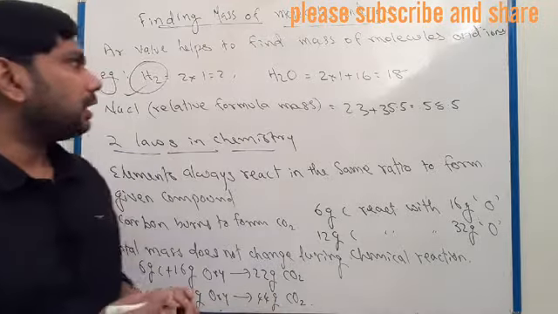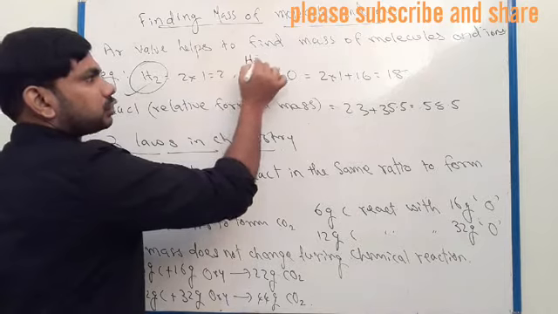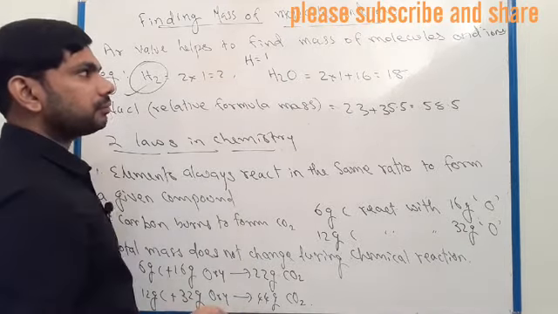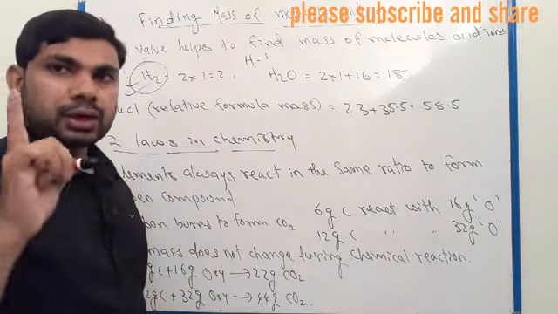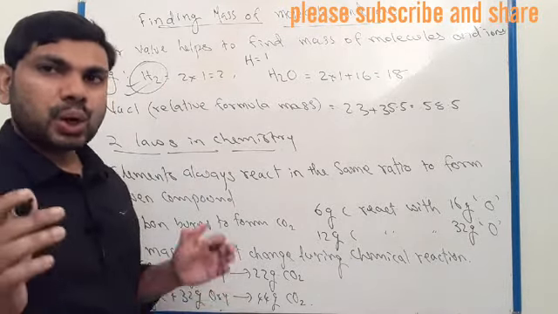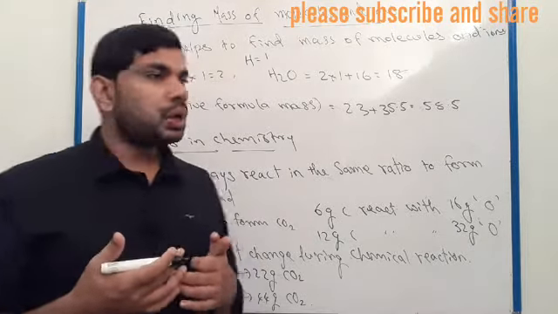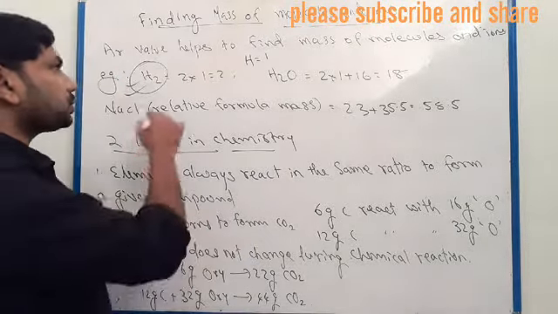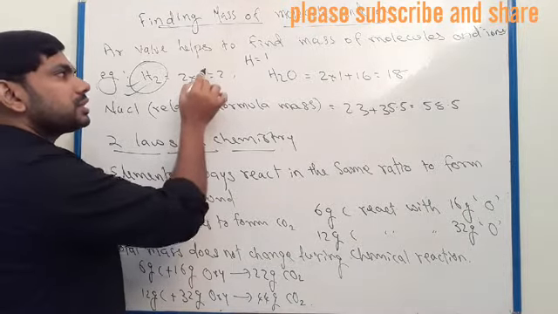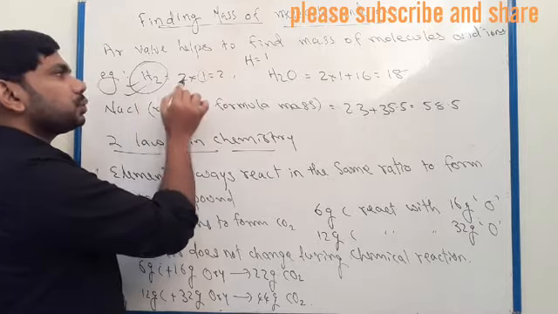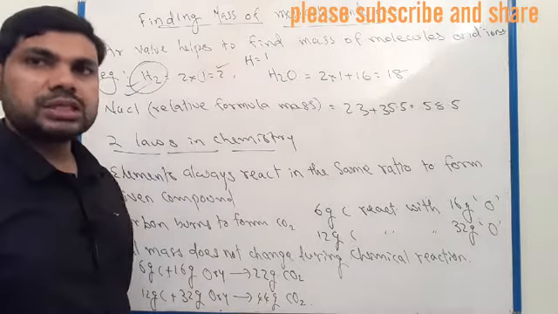So see here, we know the relative atomic mass of hydrogen is 1. H2 is a molecule. One hydrogen is an atom; 2 hydrogens joined to form H2, that is a molecule. Mass of 1 hydrogen is 1, so for H2, 2 times 1, so the mass of H2 is 2.